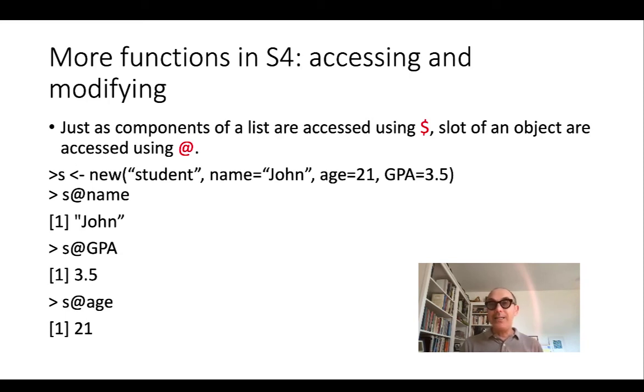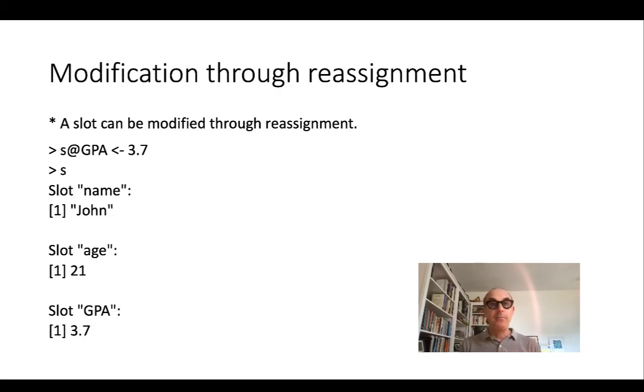So accessing and modifying, we can use the $ sign as a slot, as the object is accessed using @, and in this case S at name will give us the name that this container or this object holds. I hope that makes sense.